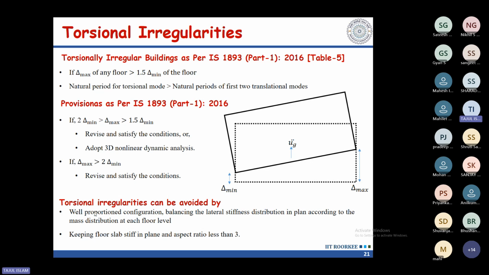So a well-proportioned configuration balancing the lateral stiffness distribution in plan according to the mass distribution at each floor. If you can do this one, you can avoid torsion, although not completely, but you can minimize it to a good extent, I can say. Then as per code, this is the condition you have to follow. The aspect ratio of floor should be less than 3 to avoid torsion. So this is a codal provision.